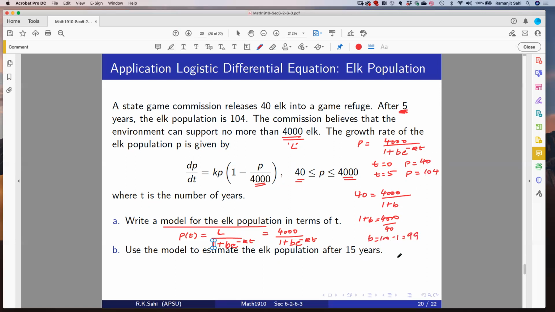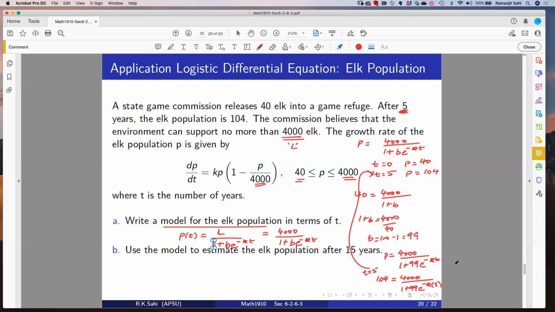Now that we have B, P is now 4,000 over 1 plus 99 e to the power negative kt. Now it says t is 5, population is 104. So when t is 5, I'm getting 4,000 over 1 plus 99 e to the power negative 5k, which equals 104.